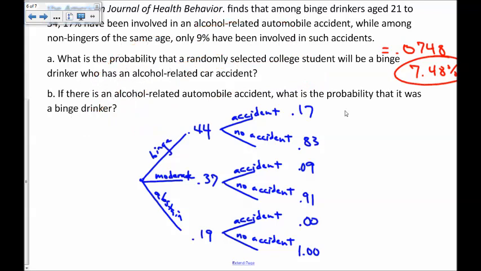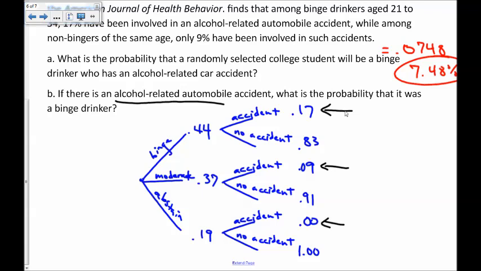Okay, B, if there is an alcohol-related automobile accident, what is the probability that it was a binge drinker? Okay, now this is a conditional probability looking at alcohol-related automobile accidents. Let me look at those. That's this kind and this kind, and I can look at this one too, but that'll be 0.